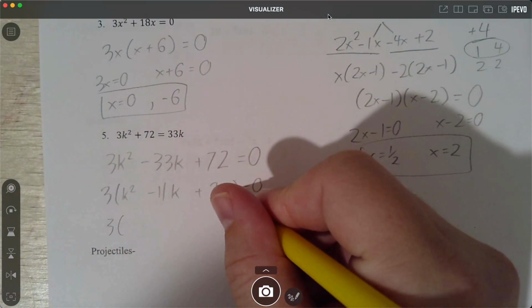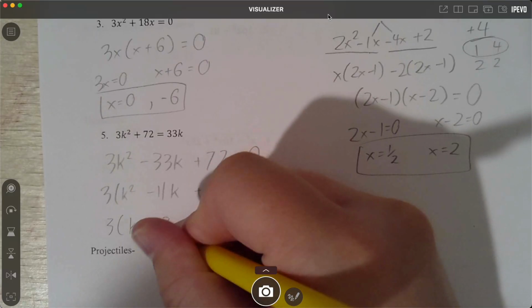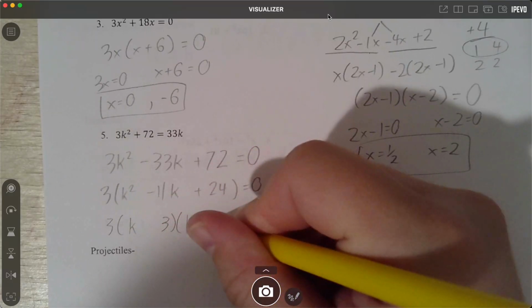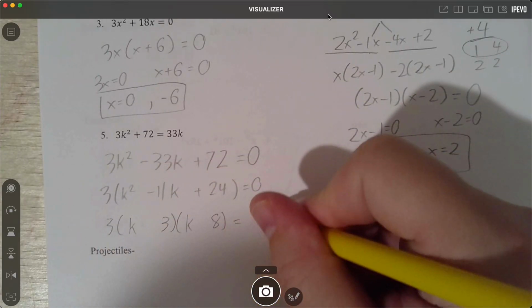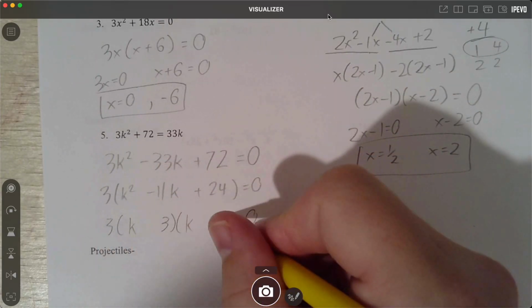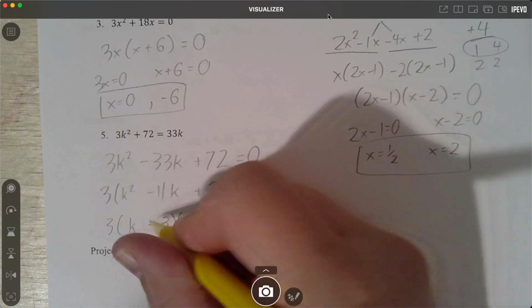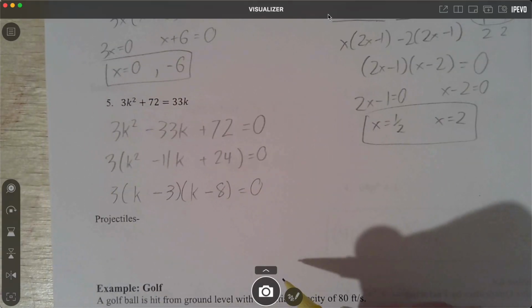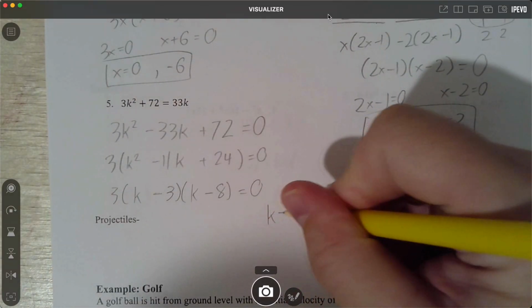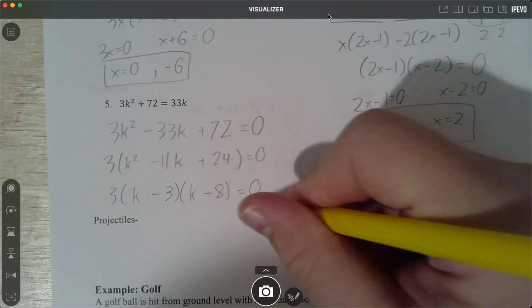What are the factors of 24 that add to 11? The answer is 8 and 3. So create your two parentheses. Because the number out front of my squared term is 1, I can jump right to the parentheses and think, how do I make negative 11 out of these two? Well, they're both negative. And will those two then multiply to a positive 24? They sure will. Then I know I found my answers. I found k equals 3 and k equals 8.